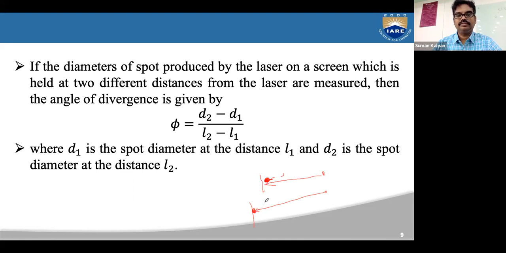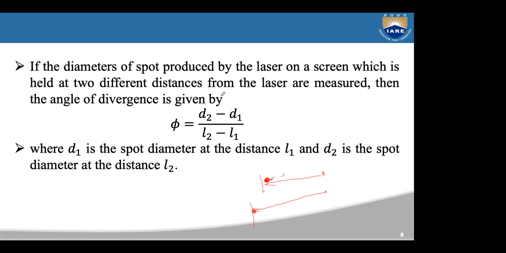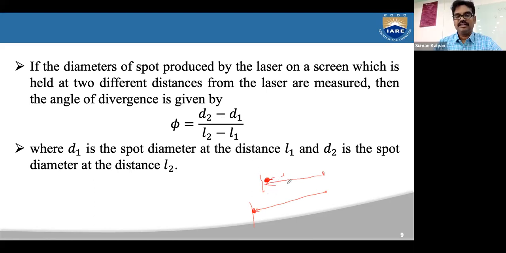So if you take different lengths and calculate the diameter of the spot, the divergence is given by phi equals d2 minus d1 by L2 minus L1, where d1 and d2 are the spot diameters at distances L1 and L2. This value will be equal to 10 power minus 3 radians in the case of a helium neon laser.